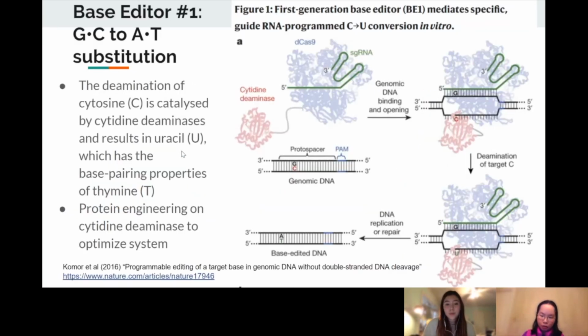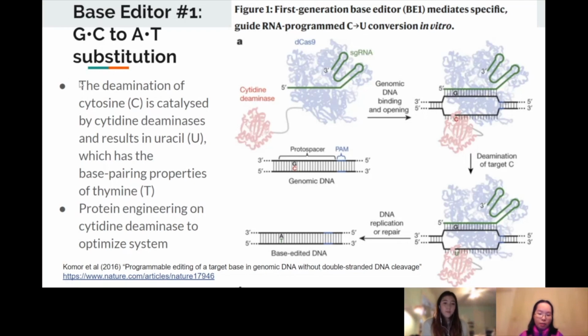We're going to look at two different base editors here. The first one was the base editor that was a little bit easier, comparatively speaking, to create, and that substitution is going from a GC to an AT.